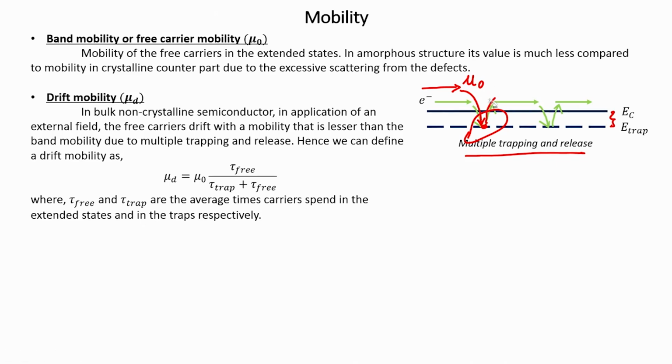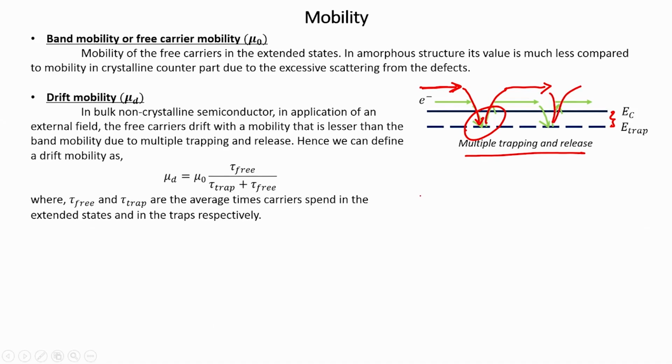Let us say a small amount of thermal energy allows these electrons to get free from the trap state and get back into the extended state. So, the movement of the electron is a sequence of extended state transport and then some trapping, wherein the electron spends some time in the trap states, then gets free again, moves through the extended states, and then gets trapped again, etc.